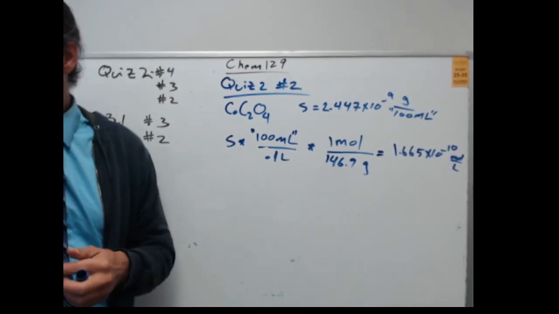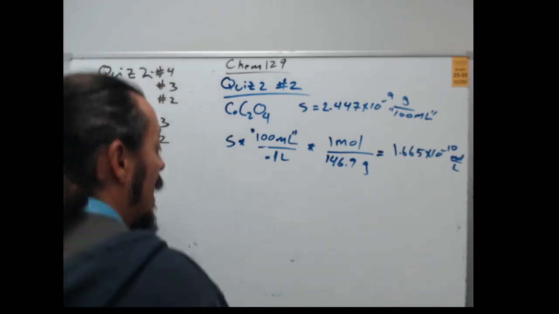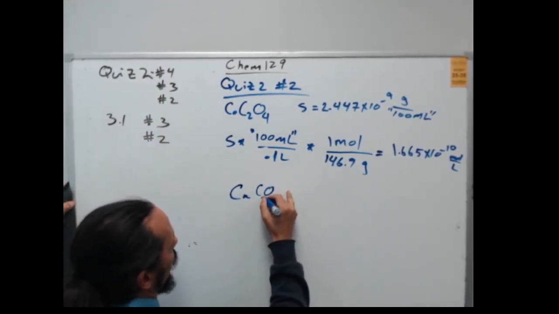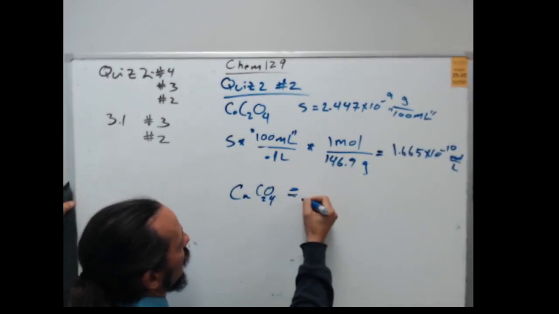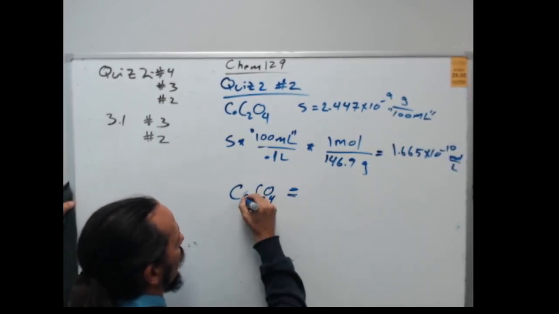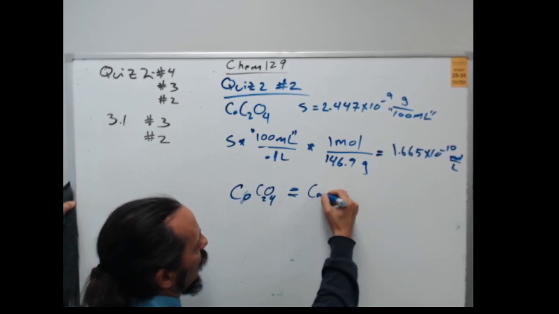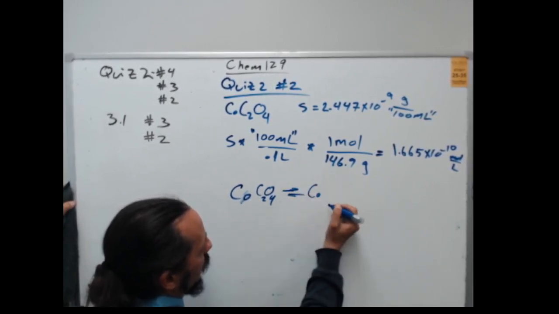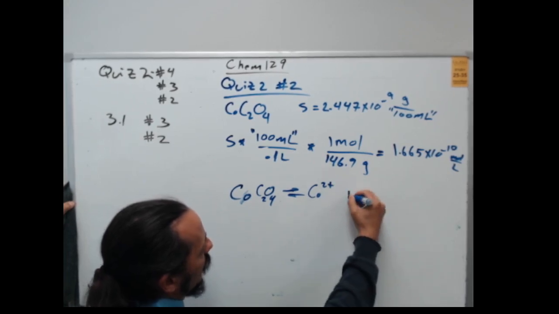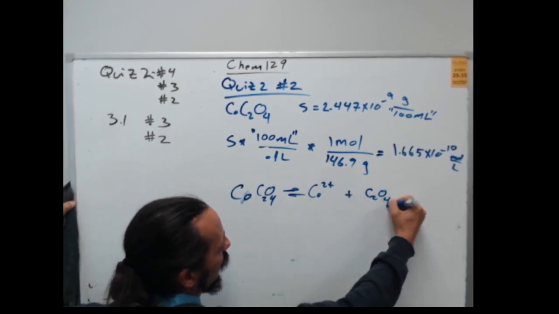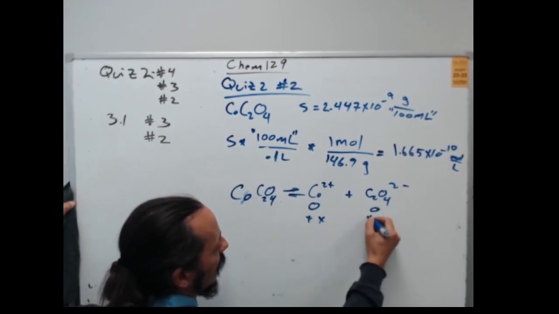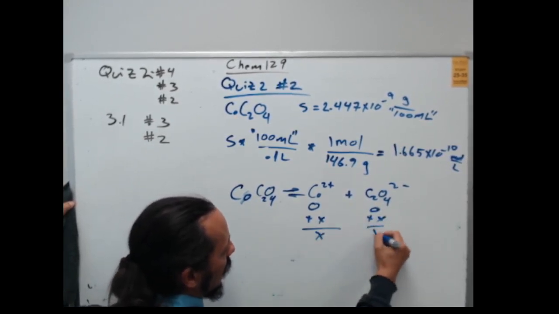Now we have to relate this molar solubility to some equilibrium phenomena. So I'm going to look at cobalt oxalate dissociating to cobalt 2 plus and oxalate, C2O4 2 minus. If I'm just doing the solubility in water, it's plus x and plus x.